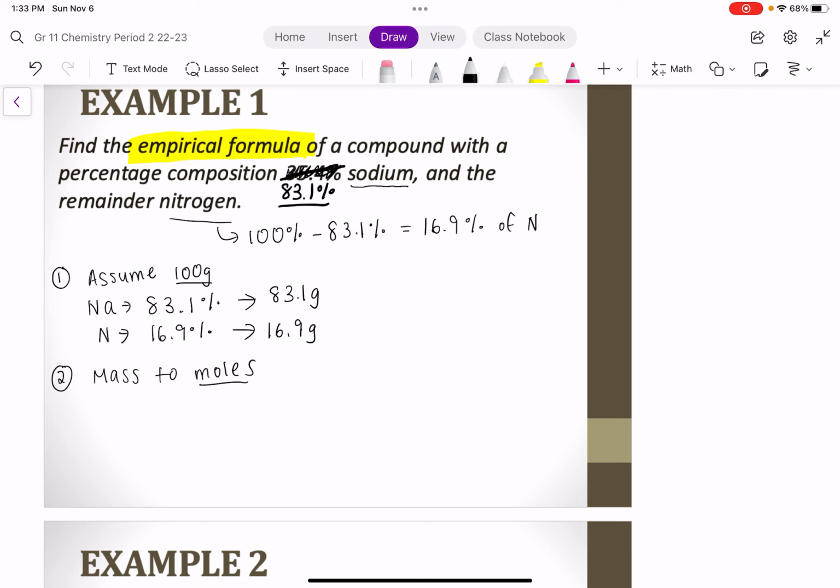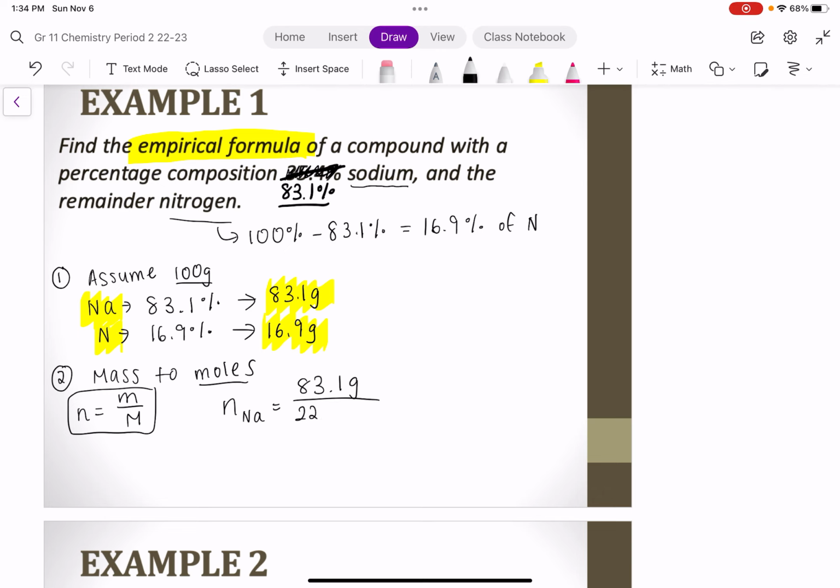I have my sodium and my nitrogen in mass, and I can convert mass to moles by doing mass divided by molar mass. For example, for sodium, to get my moles of sodium, I'm going to take the mass, 83.1 grams, and divide it by the molar mass.